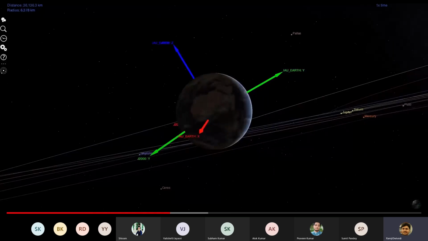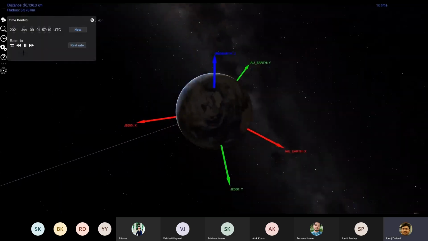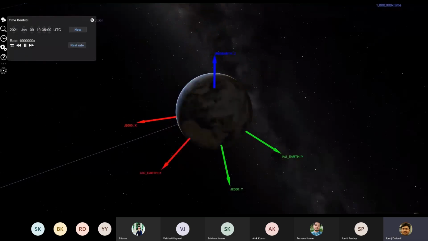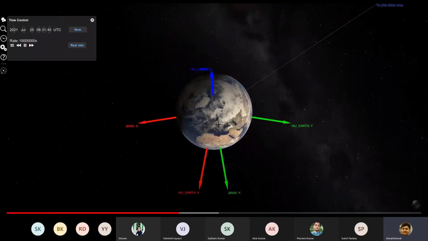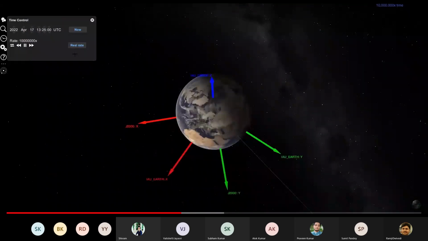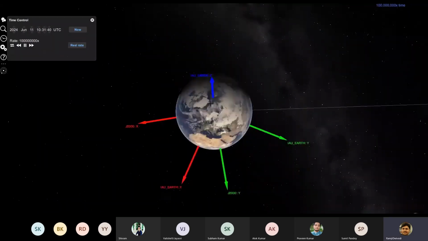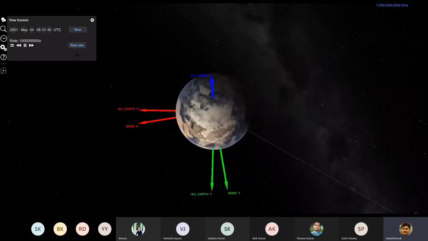Let's see. We are running the animation. See, the movement will only take place in the Earth-centered inertial frame. The Earth-centered, Earth-fixed frame will remain fixed at the same place, so you will not see a change in this X. You will only see the change in the IAU Earth X, which is the Earth-centered inertial X. And now you will see a little deviation in the Z axis also.